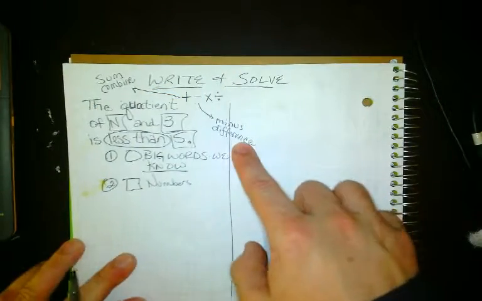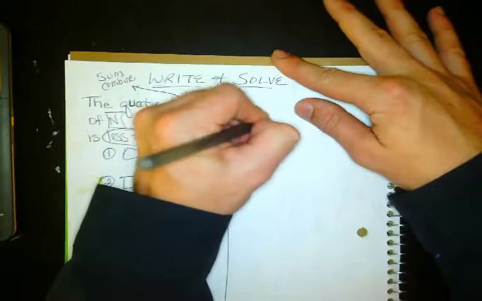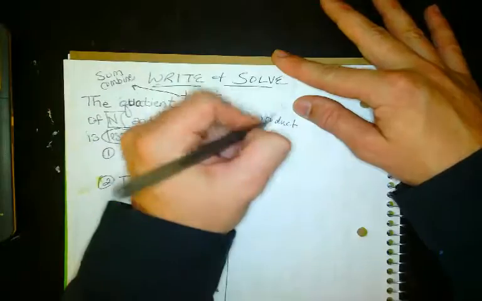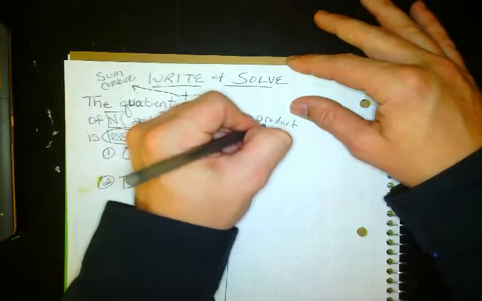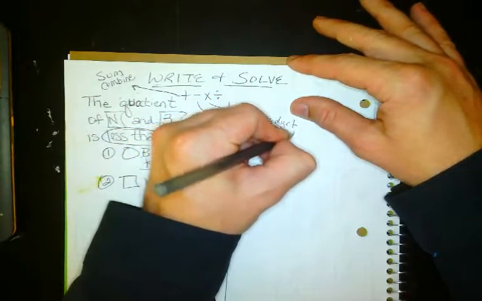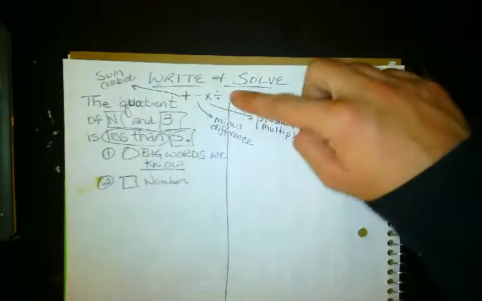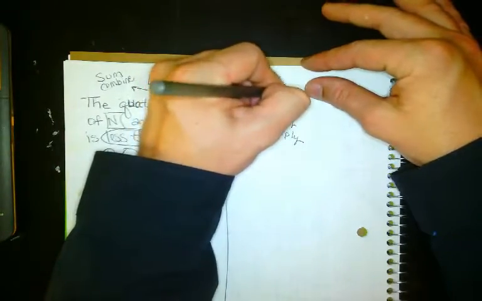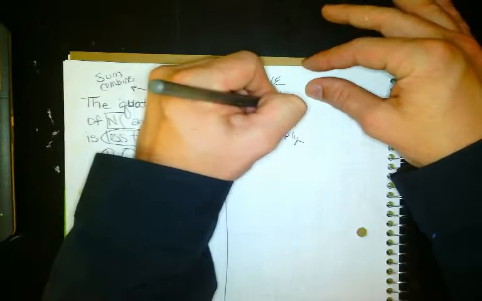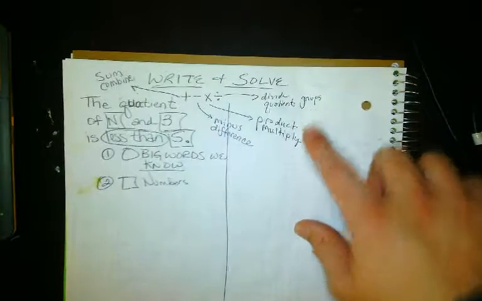Good. This one says product. Good. Product or multiply. And that means this one would be divide, quotient. Usually when they're talking about groups, they're going to talk about division. Sometimes it's multiplication.